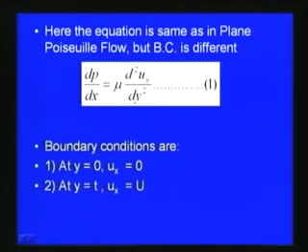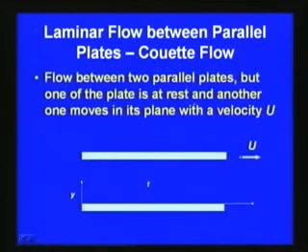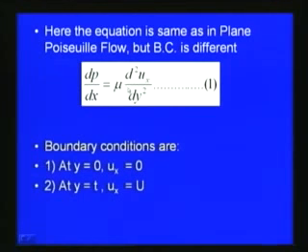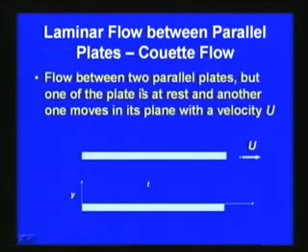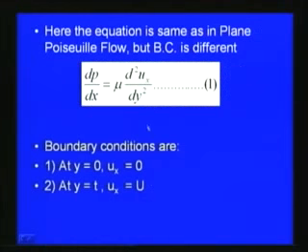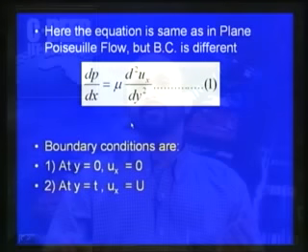In the earlier plane Poiseuille flow, we saw that the forces acting are the shear force and the pressure force. Now if you consider a fluid element of thickness dx, the various forces acting are the pressure force on both sides of the element and the shear force.